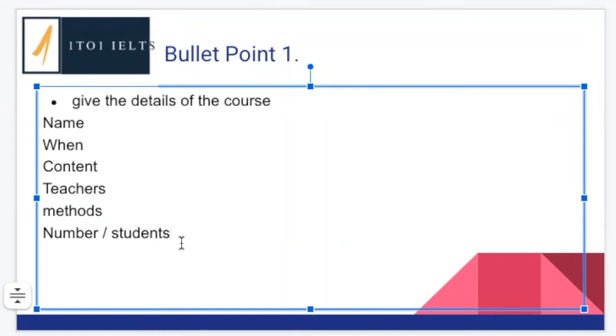So don't force grammar. Okay, brilliant. So Nabila has got our photo.